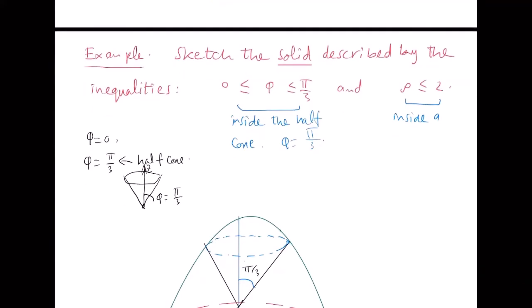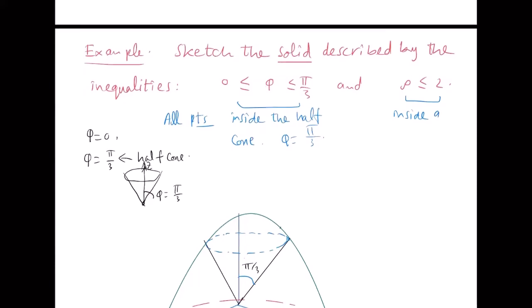The second inequality. So we get all points inside this half cone. And here, rho less than 2. All points what? Rho less than 2 we could write as an equation in x squared plus y squared plus z squared. If it is clear for you, we say it directly.